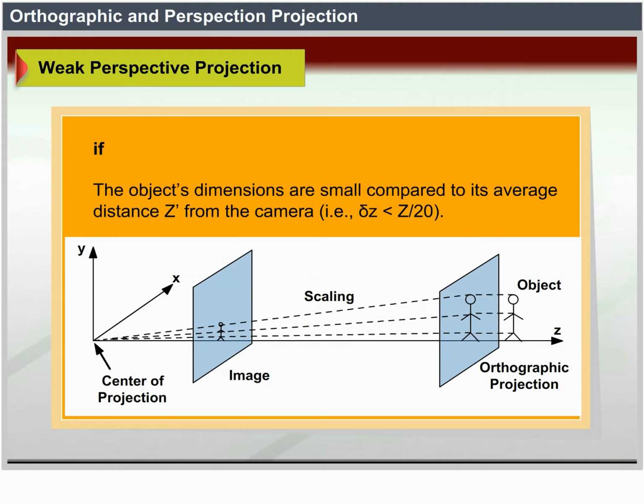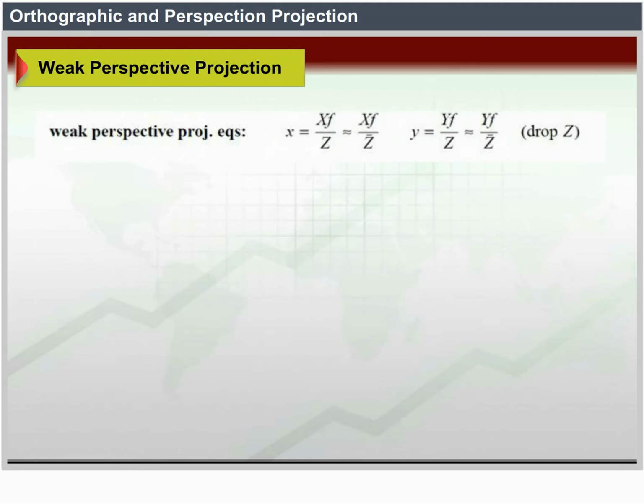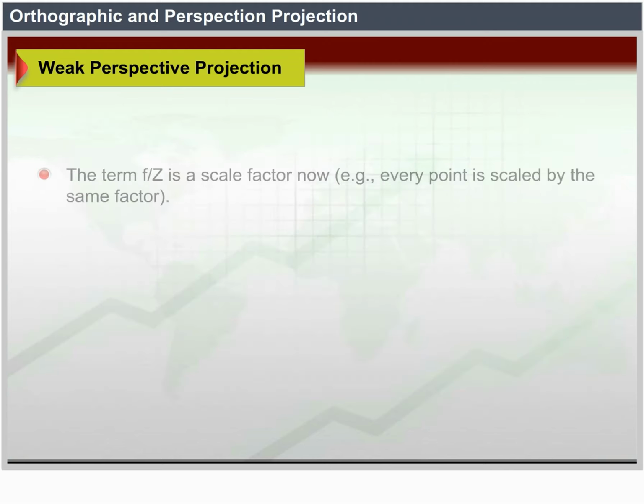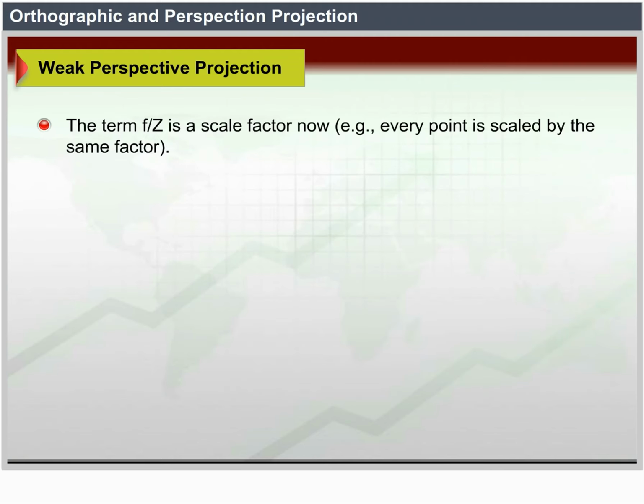Weak perspective projection equations: x equals Xf by Z, approximately equal to Xf by z bar. y equals Yf by Z, approximately equal to Yf by z bar. The term f by z bar is a scale factor now. Every point is scaled by the same factor.